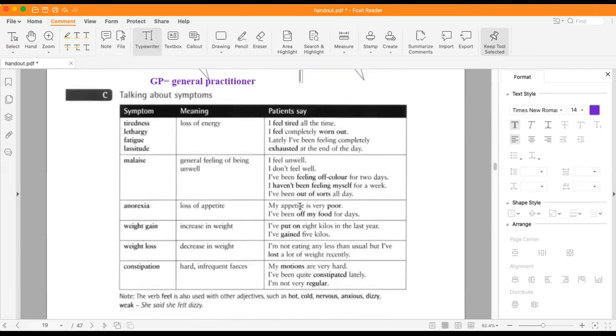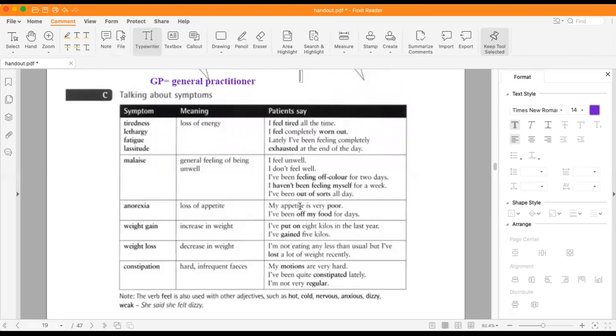Talking about symptoms. These are some of the symptoms that a patient may suffer from: tiredness, lethargy, fatigue, lassitude. All of these words mean loss of energy.